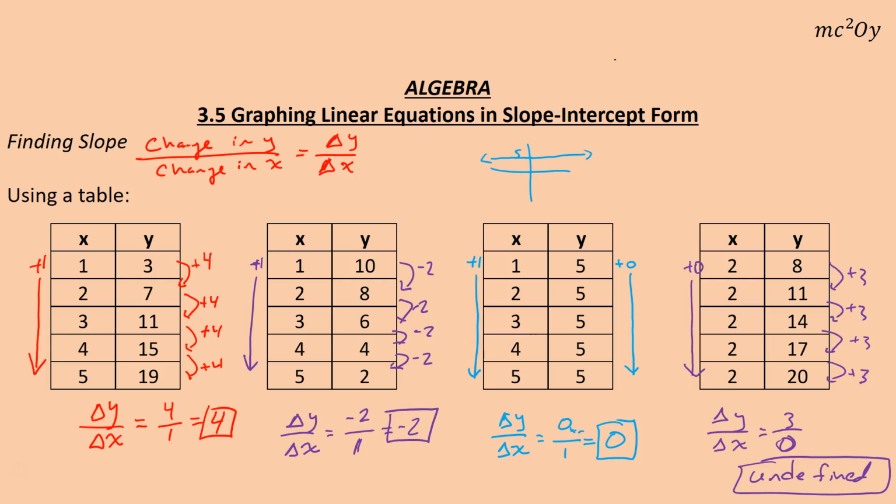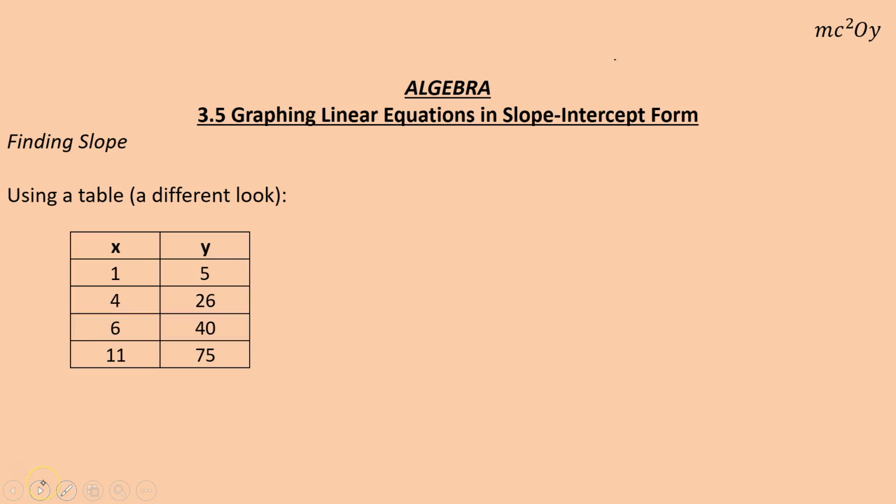Now, the one thing that we haven't done, there's kind of a special case here, or a different look. So sometimes we did looks where x always increased by the same, but let's say x this time increases by 3, and then by 2, and then by 5. Notice we don't have a constant x increase. Then we go over to y.